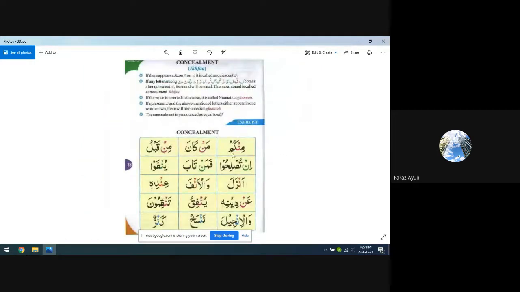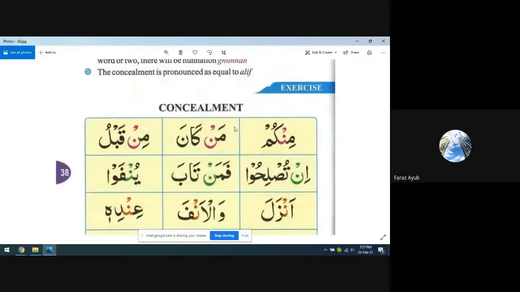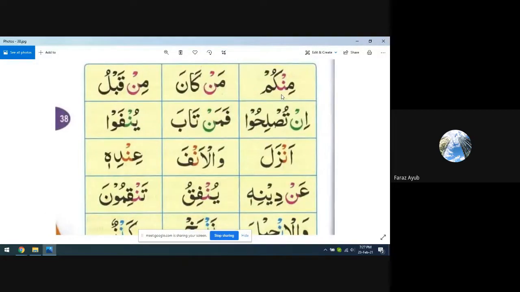Okay, so next. I told you when any sign, those zabar, those zir and do pesh comes on any letter, we stay on it at least 1 second. Now the other thing is if the noon has a sukoon sign, you will stay on it at least 1 second when the noon has a sukoon sign.